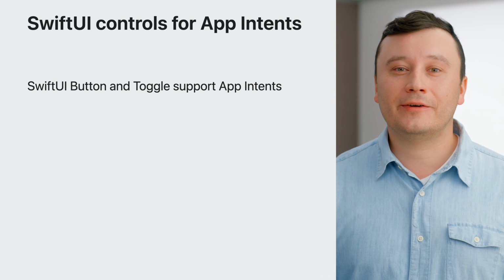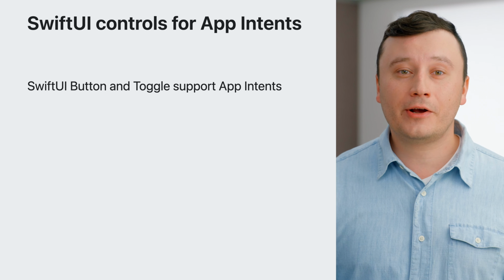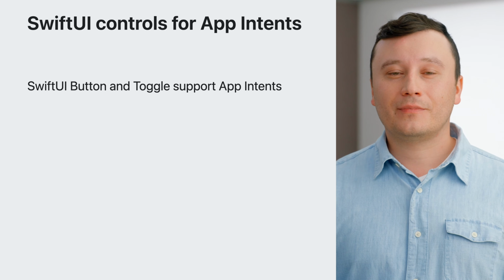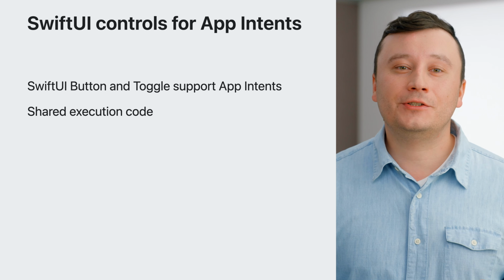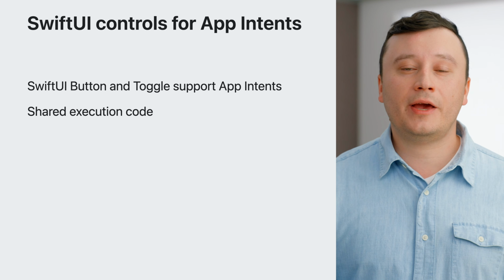SwiftUI integration with app intents is not only available for interactive widgets, but also for regular SwiftUI apps. By consolidating the code into app intents, you can reduce redundancy and ensure consistent behavior across your app. Since app intents serve both as configuration and as providers of interactive actions, it is quite easy to reuse the intent code for shortcuts.